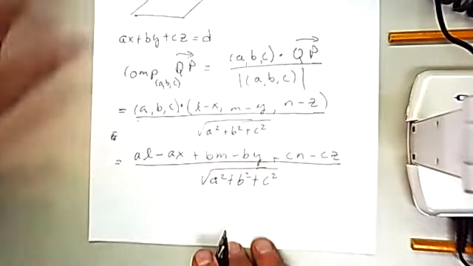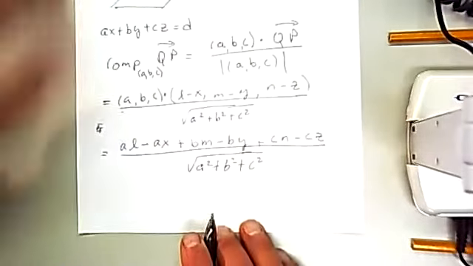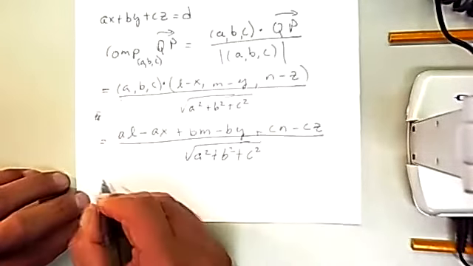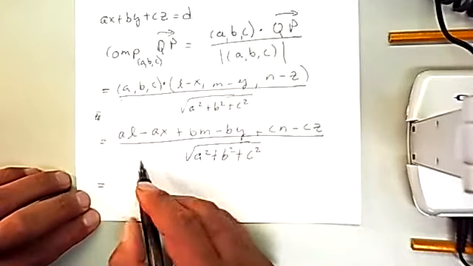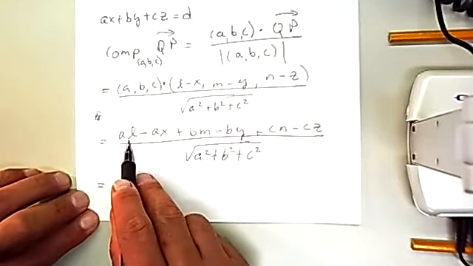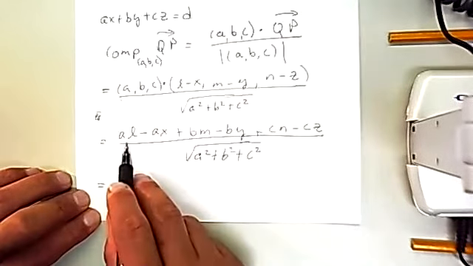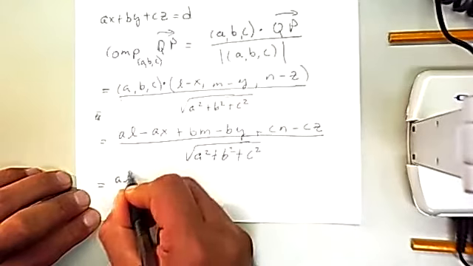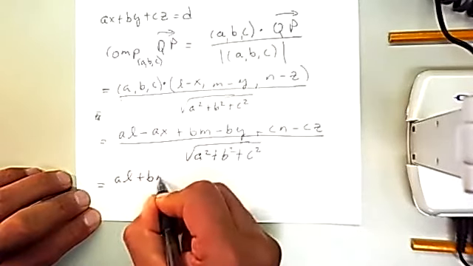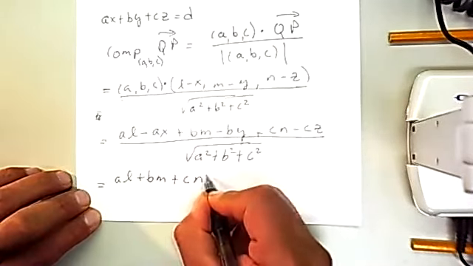Let's group so that the terms we're not subtracting are together: AL plus BM plus CN.